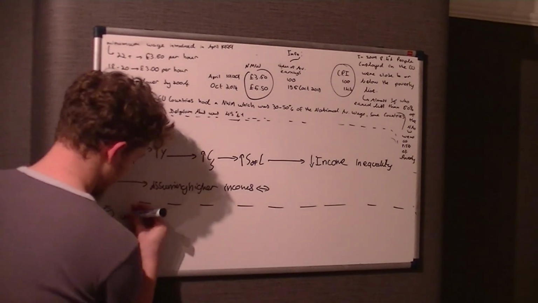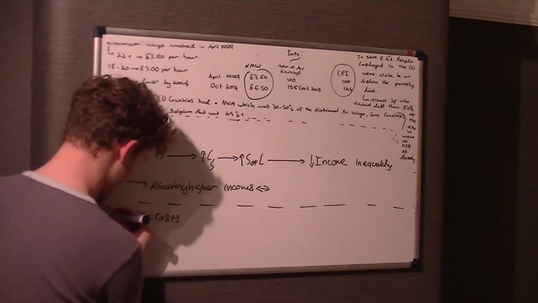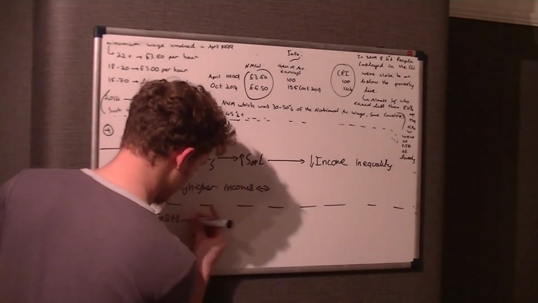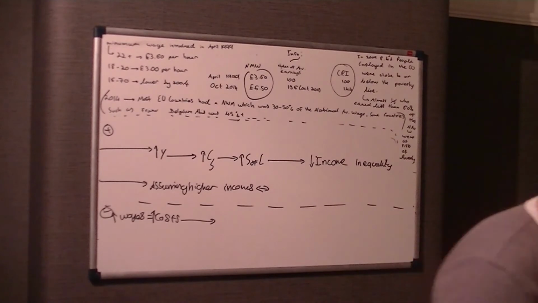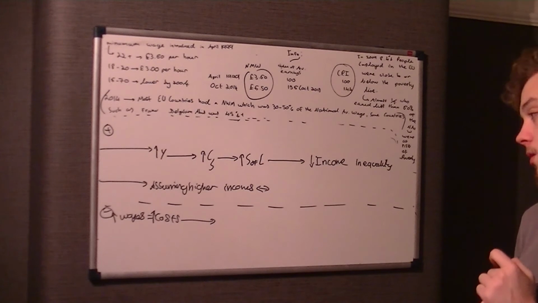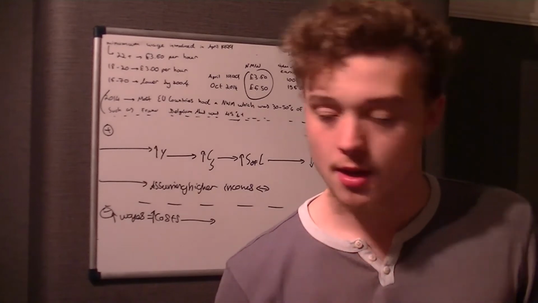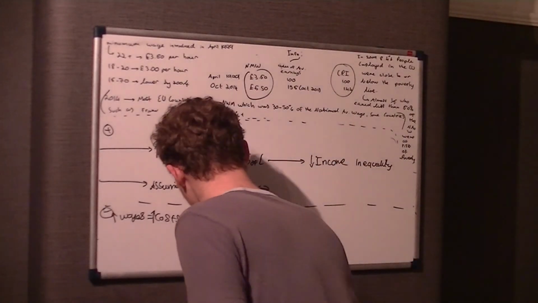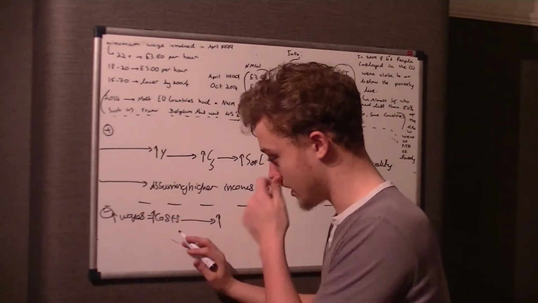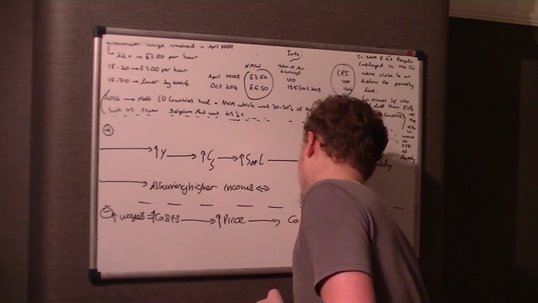So the first thing I would say is that wages represent costs. So if wages increase because the national minimum wage increases, then the cost for the business increases. Because most businesses are profit maximisers, if the costs increase, these prices increase, and therefore we have a cost push spiral.